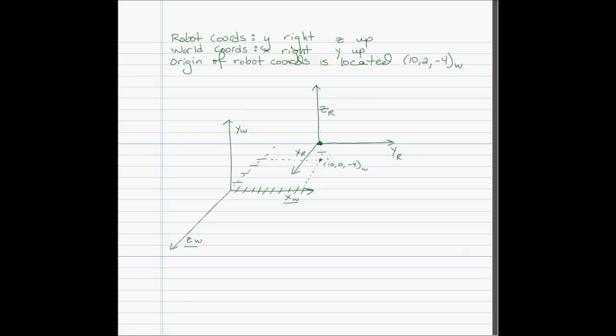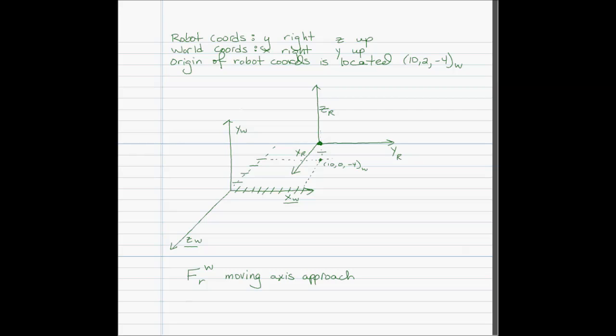Okay, so the next question says, what are the rotations and translations that we need to compute the frame transformation from robot to world coordinates using a moving axis approach?